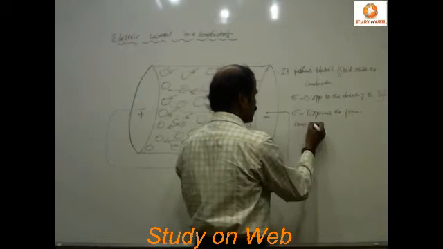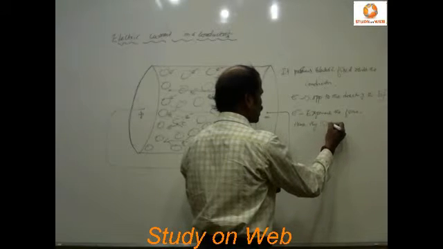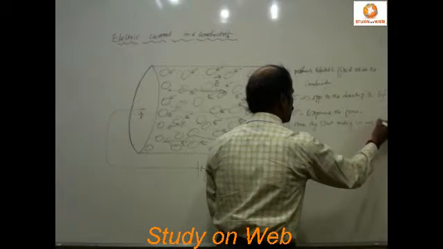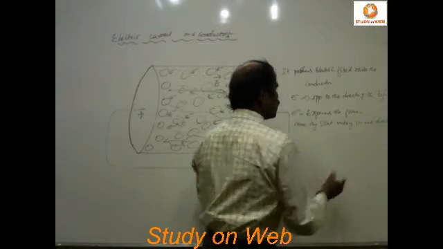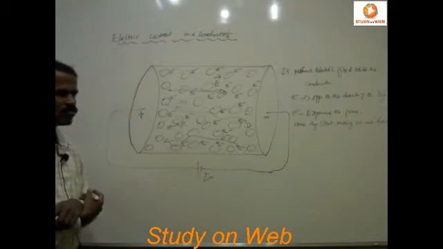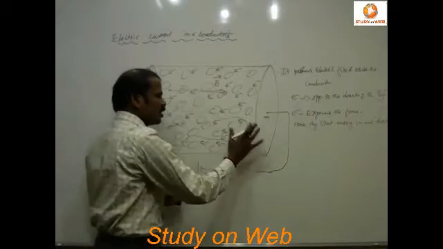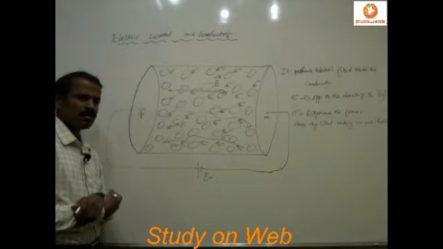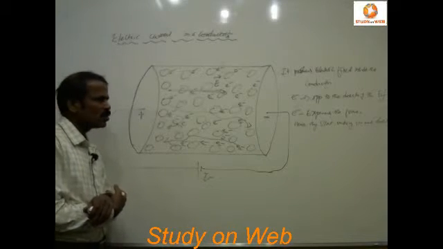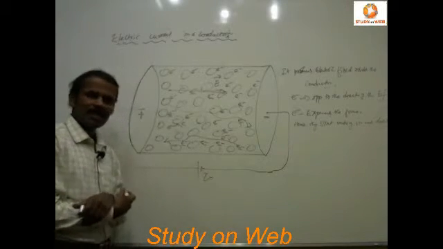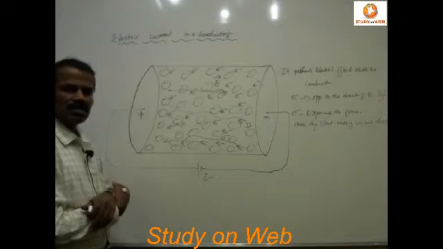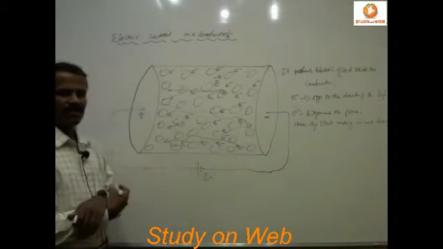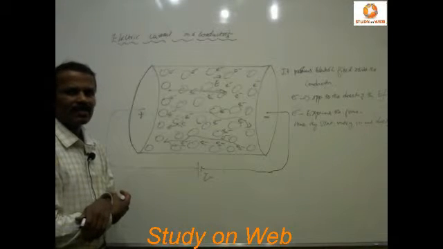Hence, they start moving in one direction. All the electrons inside the conductor start moving in one direction towards the positive end. Hence, there is a net flow of charge from one end to the other end.